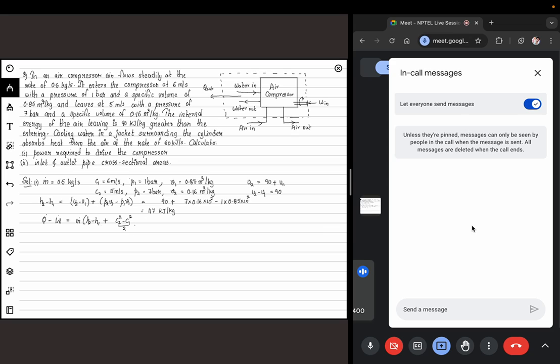And I'm neglecting the changes in potential energy. Q dot is already specified. That is heat being removed from the compressor, minus 60 kilojoule per second. So Q dot is minus 60. Work is something that we need to find out.